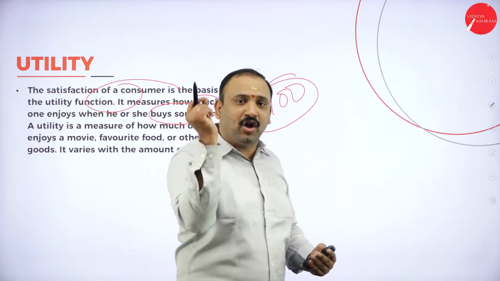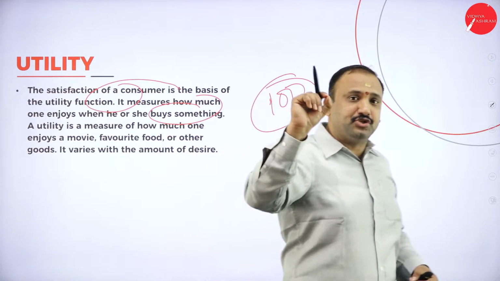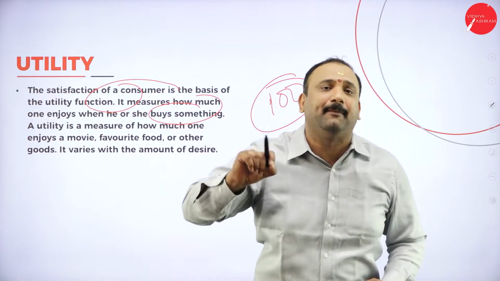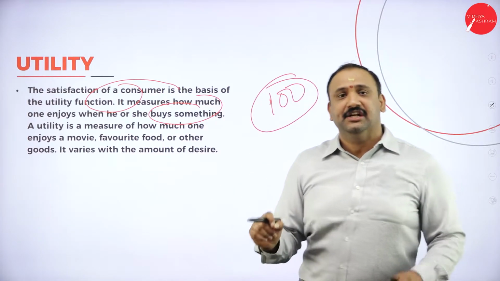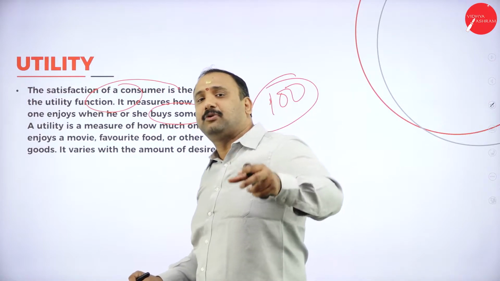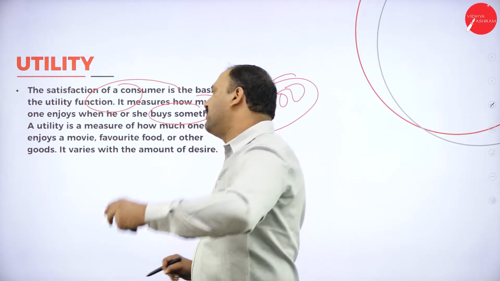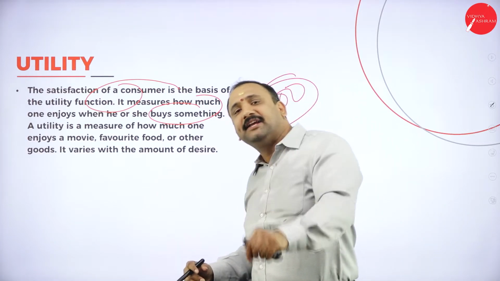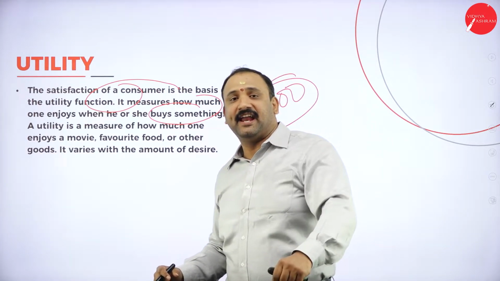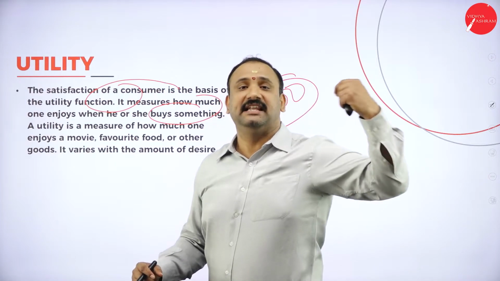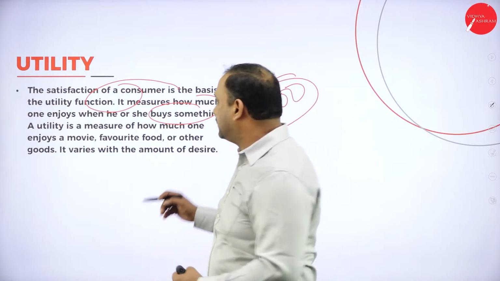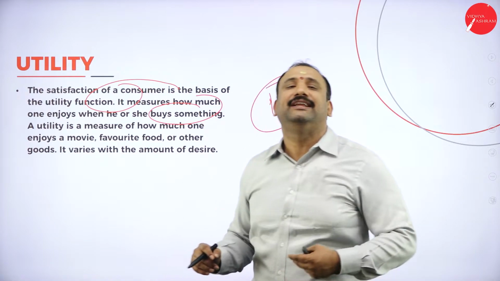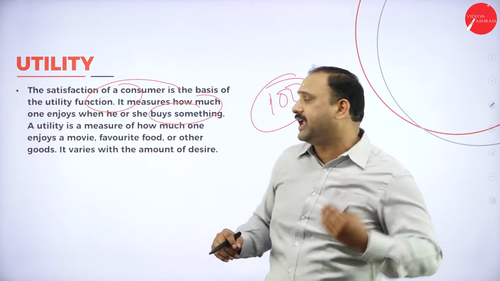There are only one or two products which the consumer really feels happy about buying again and again. That is where the concept of utility, satisfaction value starts coming in. So how much did I enjoy buying that product again and again so that my satisfaction levels are at the peak? That is what we call the utility function altogether.